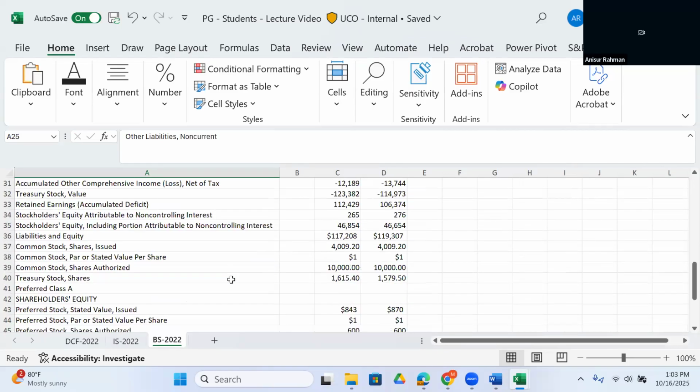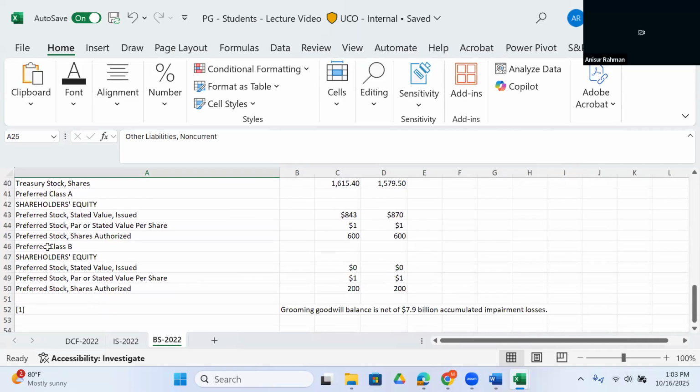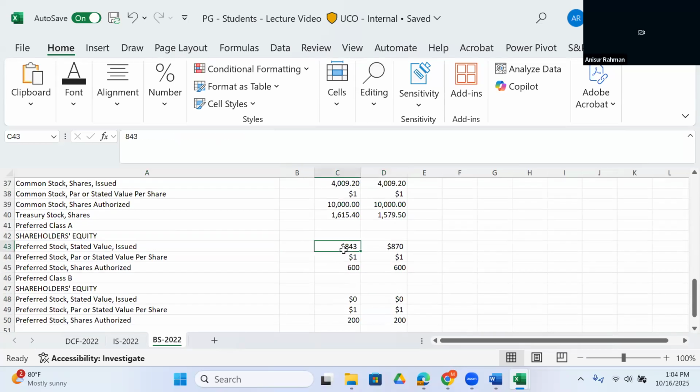Yes, we have preferred class B. Actually here, these numbers: preferred stock stated value issued 843.